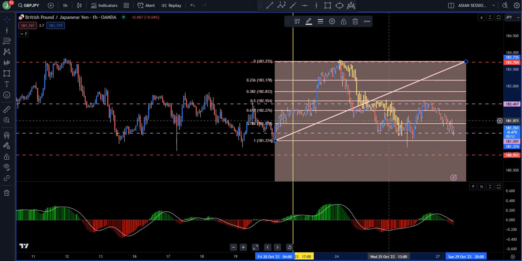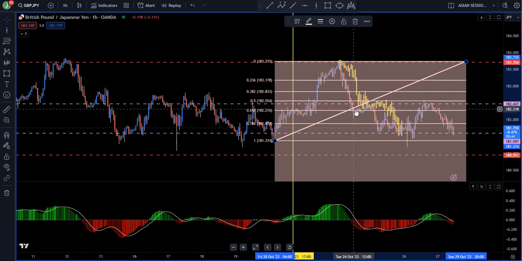I didn't wait for that, because I know I got in right in here. I wanted it to break my 23 and come back and retest the low. So you can play with different things within your tools, as long as it's saying the same thing at the same time. That is the key.